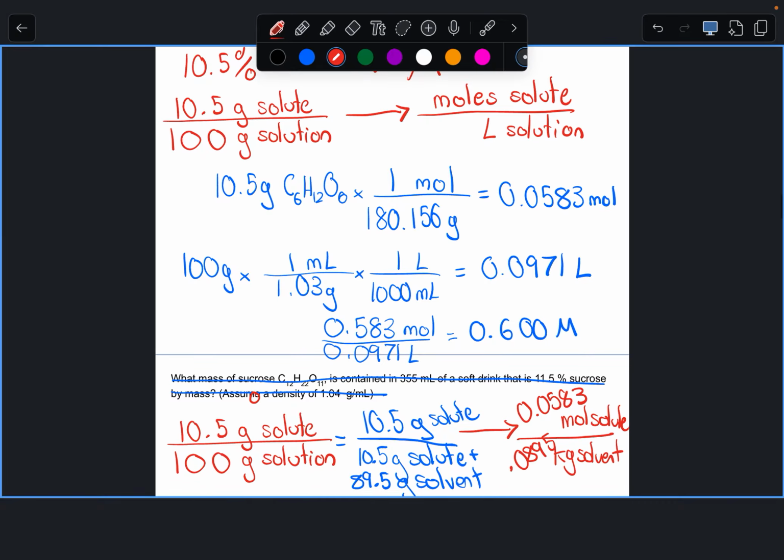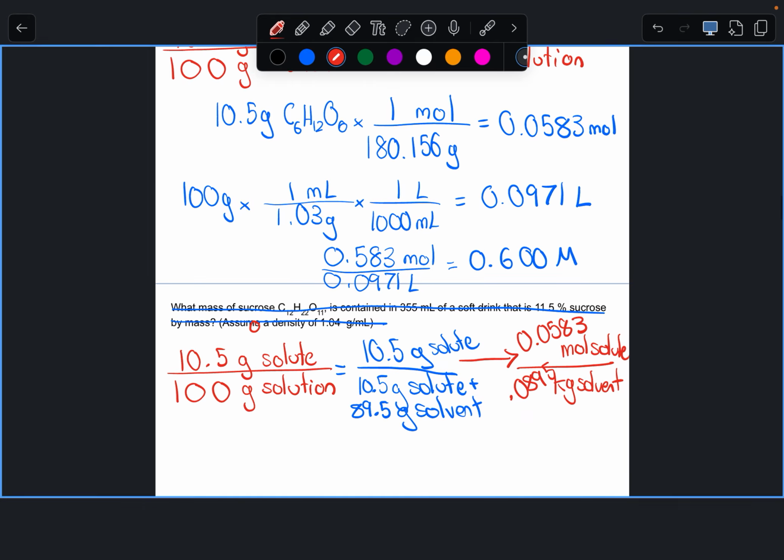So I put the numbers in there. The moles is coming from the previous question. And the kilograms is just the 89.5 converted from grams to kilograms. So that one comes out to be 0.6.